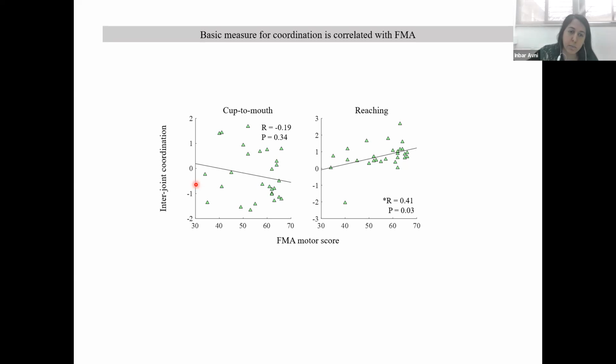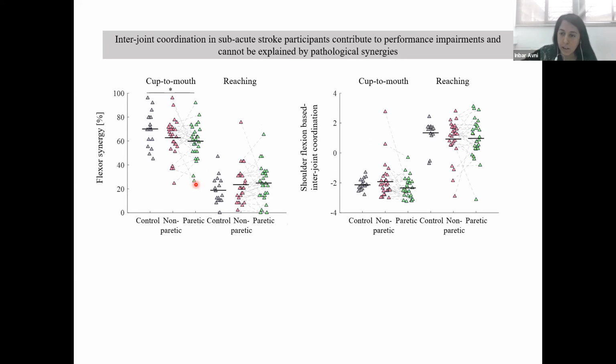And we did that using two types of analysis. First, we came up with a measure for the flexor synergies. So we looked at the percentage out of the movement duration in which the subject performed both shoulder flexion and elbow flexion. And this is what you can see here on the left. And quite nicely, we saw there was a difference between the tasks.